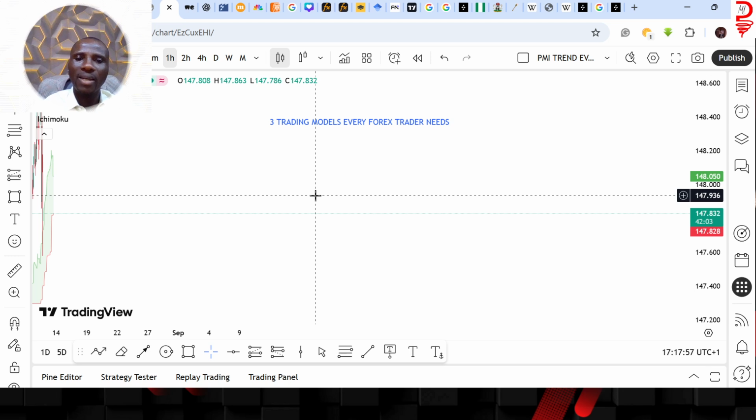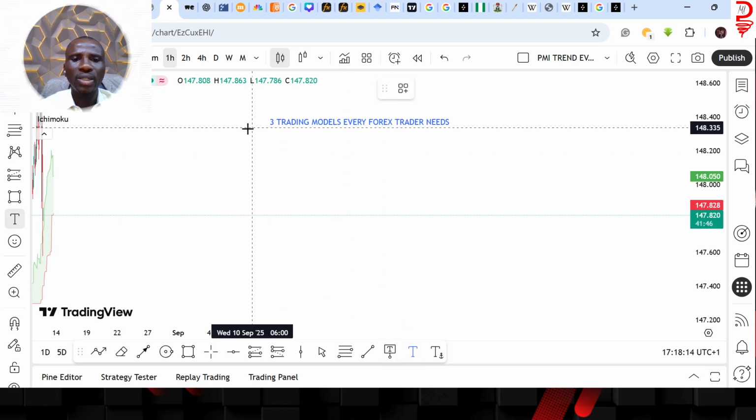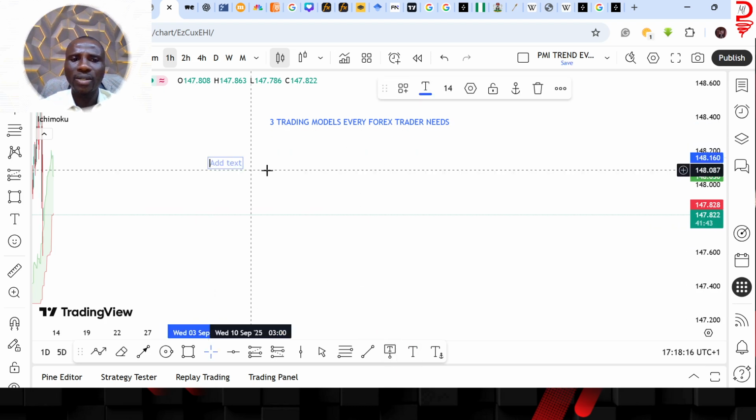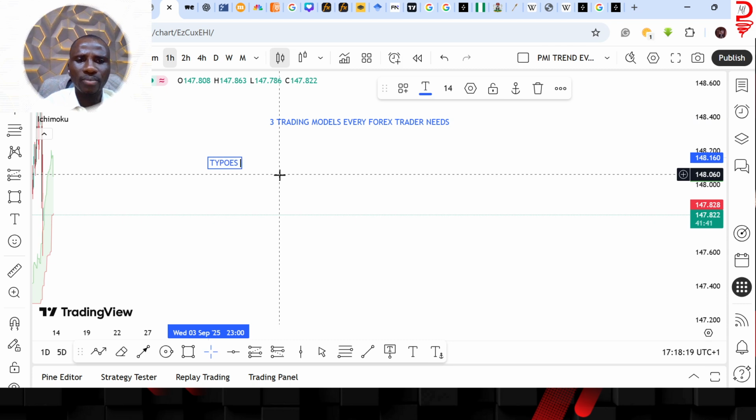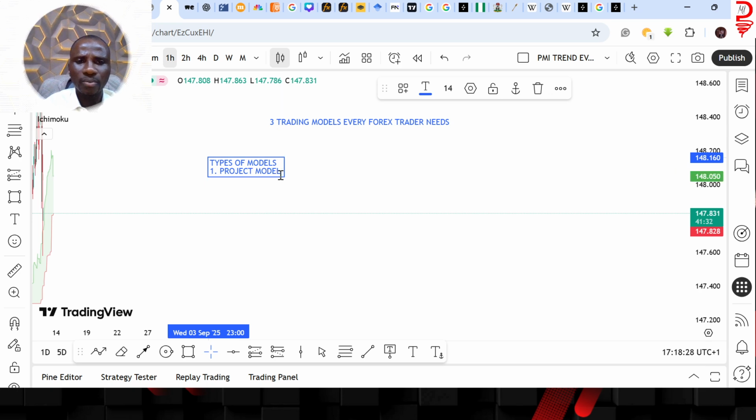Now, at Potential Miners International, what we are trying to do is to educate people on how to structure their trading models, such that whatever system you want to apply will be used based on these models. Let me quickly run you through these different types of models. Number one is what we call the project model.